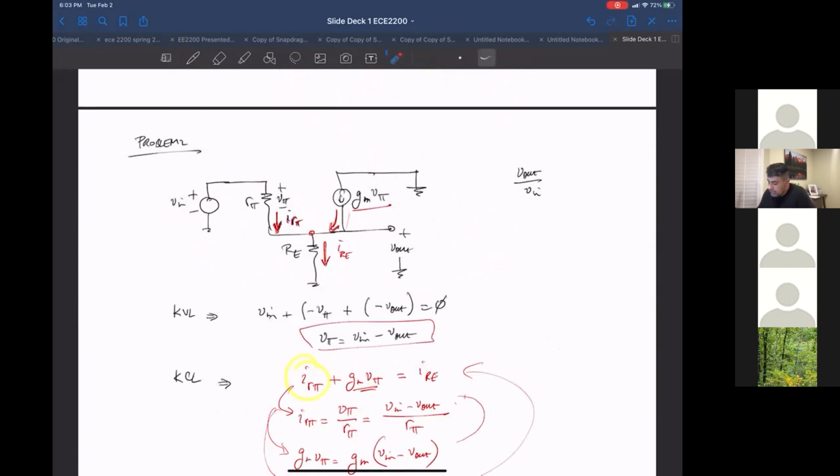Okay, so this is the tricky part: it is a loop because this is a ground, this is a ground, this is a ground. That means they're all connected together. So when you see a ground here and a ground here, it means these points are connected together.